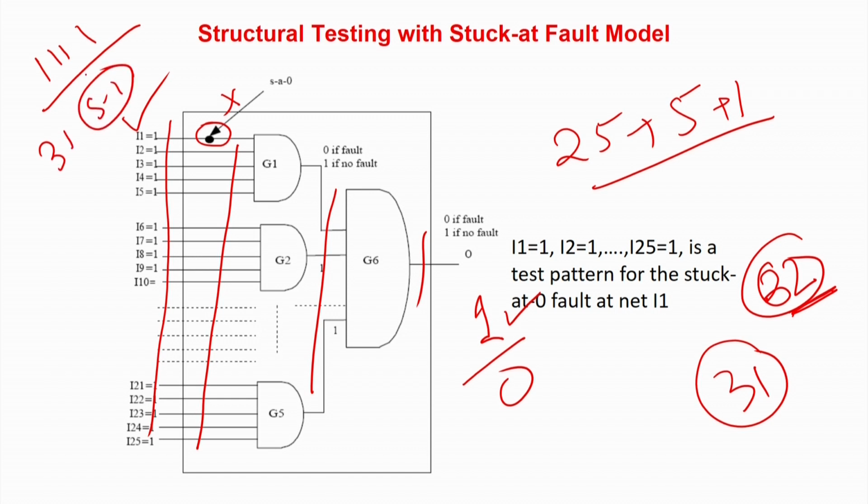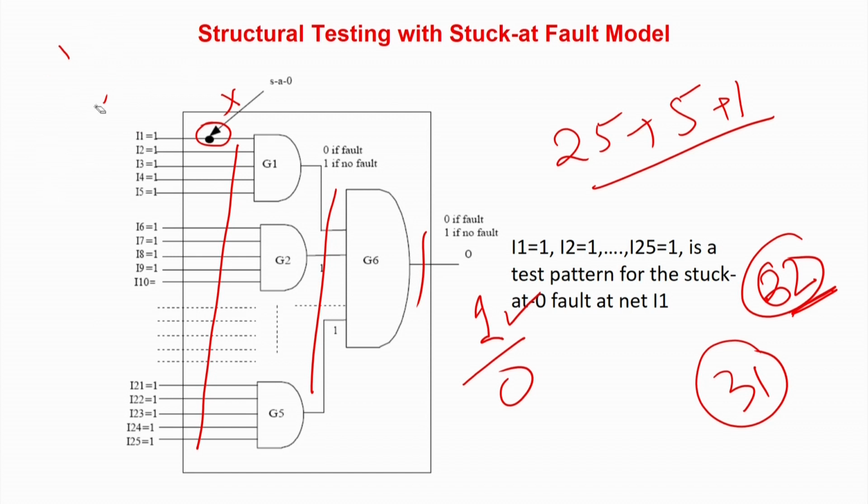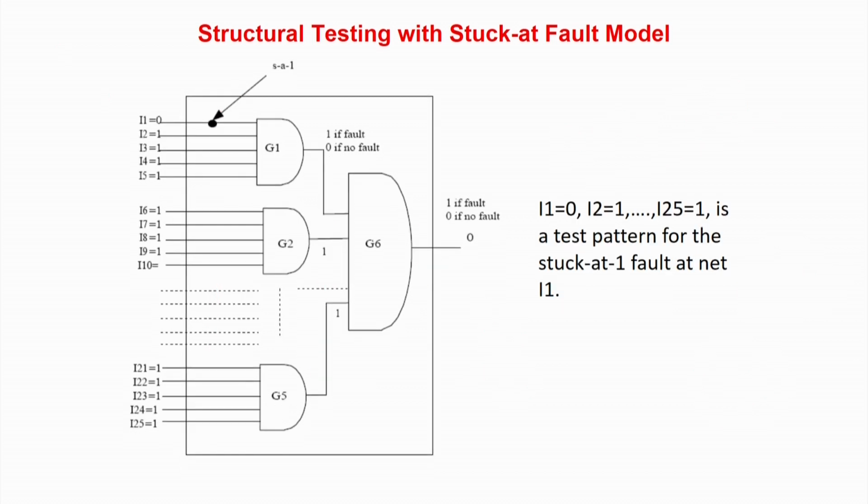So one pattern, all ones, verifies that none of the lines has a stuck-at-0. That is one pattern, 31 faults gone. That is the beauty of structural testing. Also, I do not have to probe anything in between. I am applying the inputs and just looking at the output, and my 31 faults are gone, or covered. That is actually called fault coverage. With all ones I am able to test 31 faults.